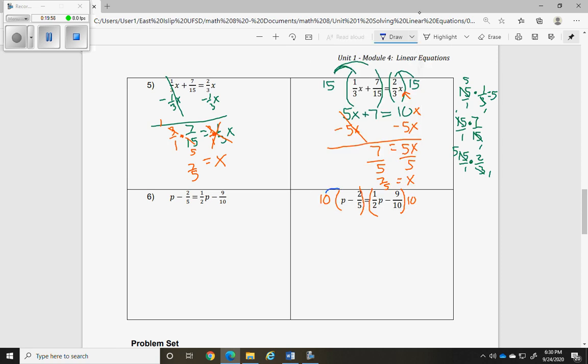And 10 times p is 10p, and 10 times that 2/5. The 5 and the 10 simplify. It's 4 over 1, which is 4. There's this minus sign here, so be careful. So it's a minus 4. And on the other side, 10 times 1/2 p.